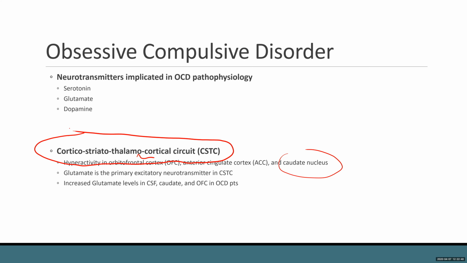And this is probably why now we're seeing that some of our glutamate agents like ketamine and some of our treatments like TMS, for example, are beneficial for patients, because we're ultimately changing the connections or the signals between different areas of the brain. And glutamate is a primary neurotransmitter that's the most abundant in the brain. And we also know that there are increased glutamate levels in the CSF, caudate and orbitofrontal cortex in OCD patients.